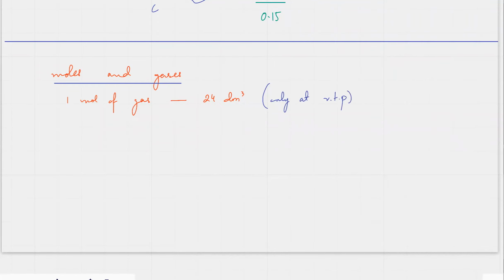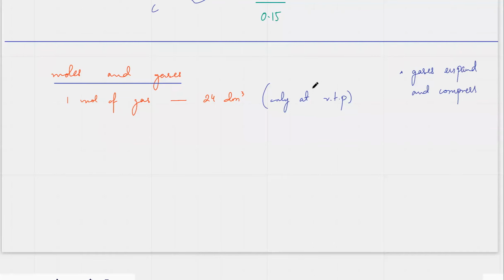Because going ahead, what we're going to study is that gases expand and they contract as well, depending on the pressure, and compress. In O-levels, it was always 24 dm cube because you didn't study anything else. You always studied that gases were at RTP.